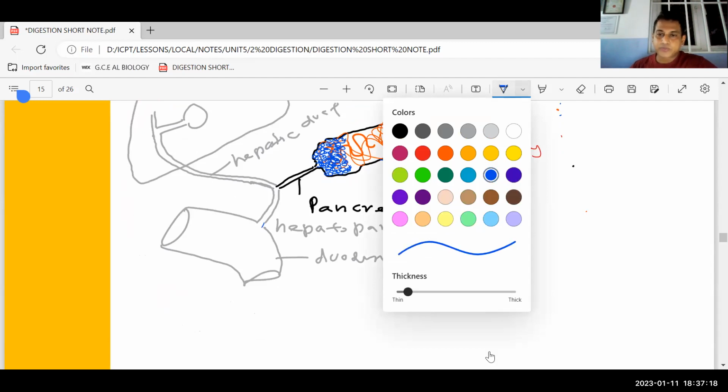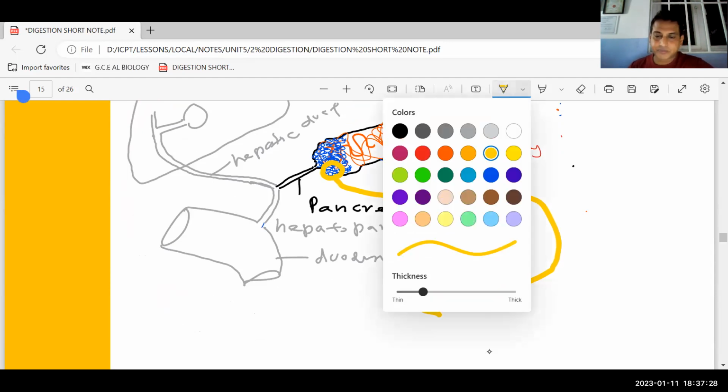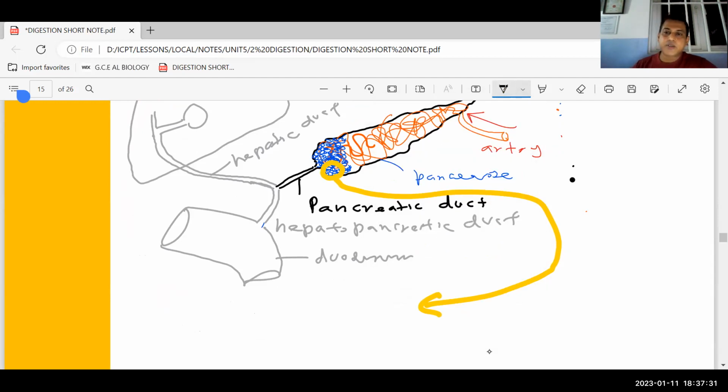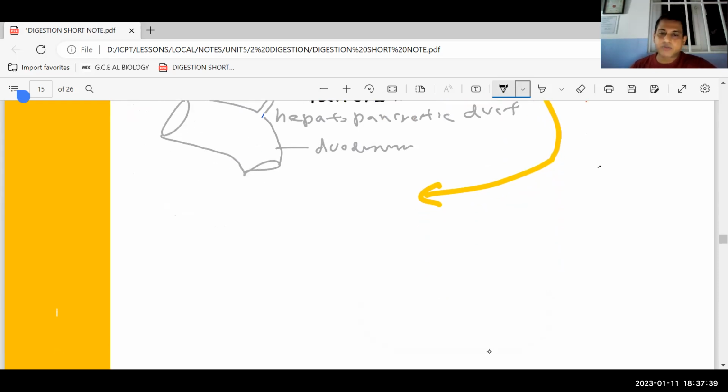What we can do, we take a small section from this place, and then we try to draw it bigger. If we draw it bigger, we can find a collection of cells, a little bit similar to cuboidal shaped cells like this. And this is the epithelial cells lining the structure.